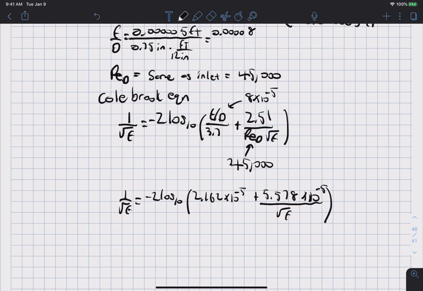Now we need to solve this equation implicitly, and I described an iterative procedure for doing that earlier. Here I'll show you how to use Wolfram Alpha, because you should all have access to that, so we will go through it that way.